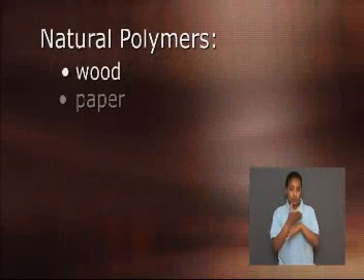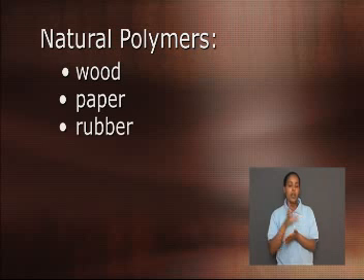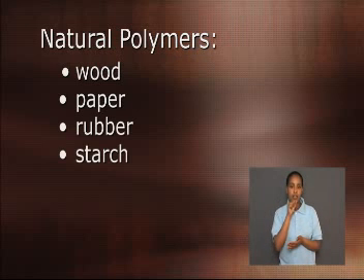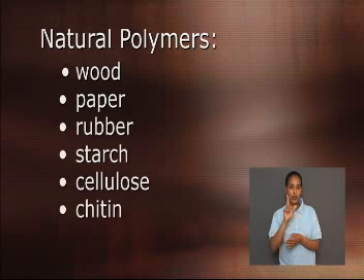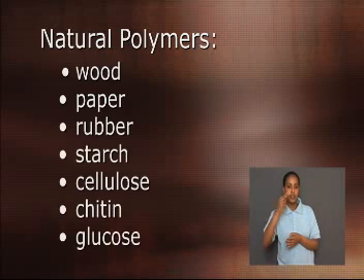Natural polymers, as the name implies, are naturally occurring. Some examples of natural polymers are wood, paper, rubber, starch, cellulose, chitin, and glucose. Synthetic polymers are man-made. Most synthetic polymers are organic compounds.